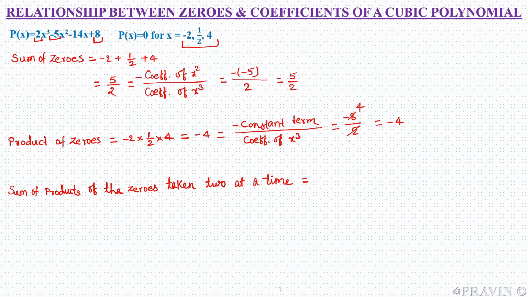What you will do, you are given −2, 1/2 and 4. These are the zeros that you are given.